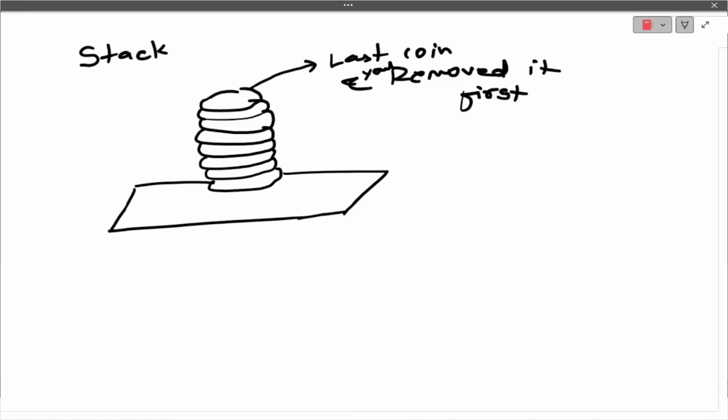Whenever we put any new coin onto this pile of coins, we have a term called push. Push is nothing but taking a coin and keeping it on the pile.